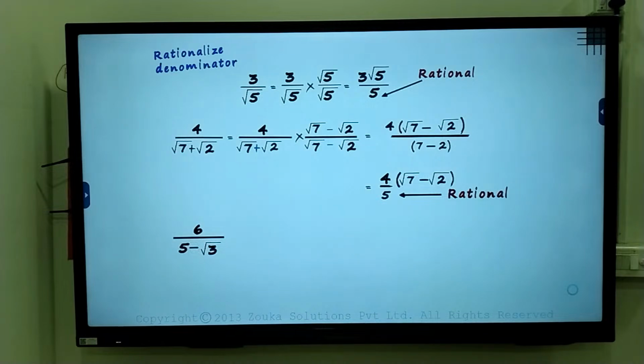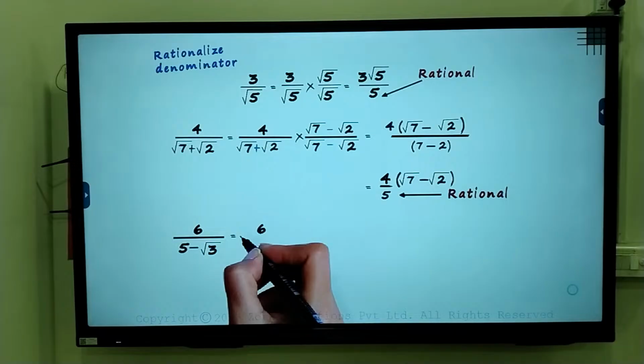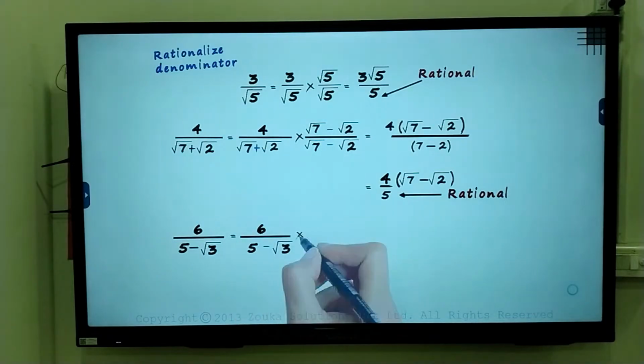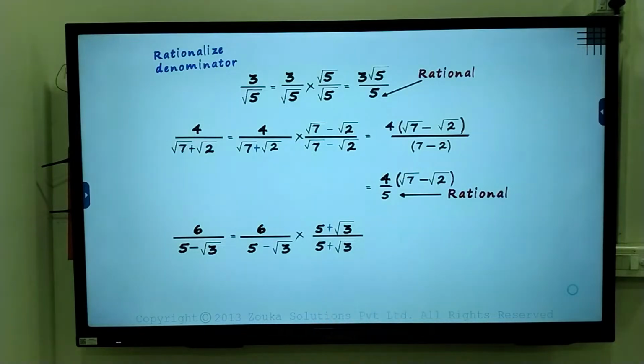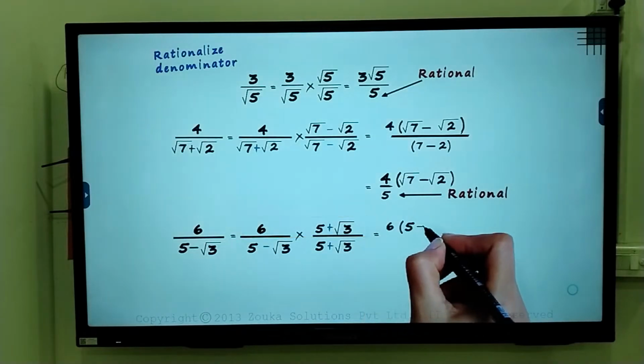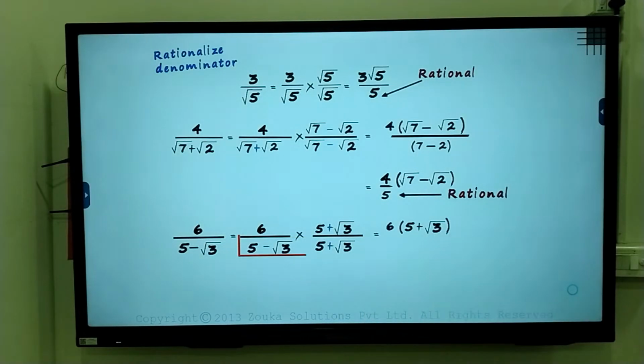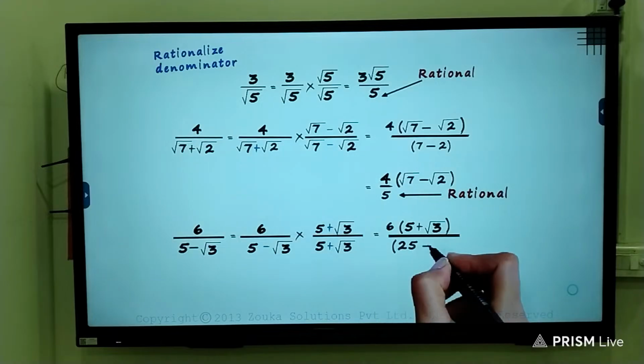Yes, we can write this as 6 by 5 minus root 3 multiplied by 5 plus root 3 divided by 5 plus root 3. The numerator will equal the product of these two terms, 6 multiplied by 5 plus root 3, and the denominator will equal 5 squared minus root 3 squared, which equals 25 minus 3.